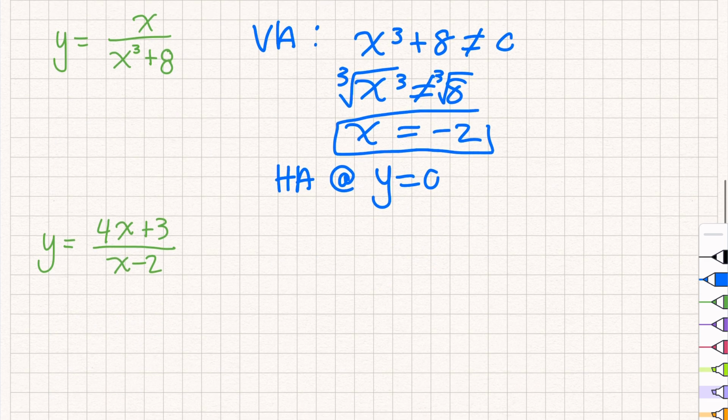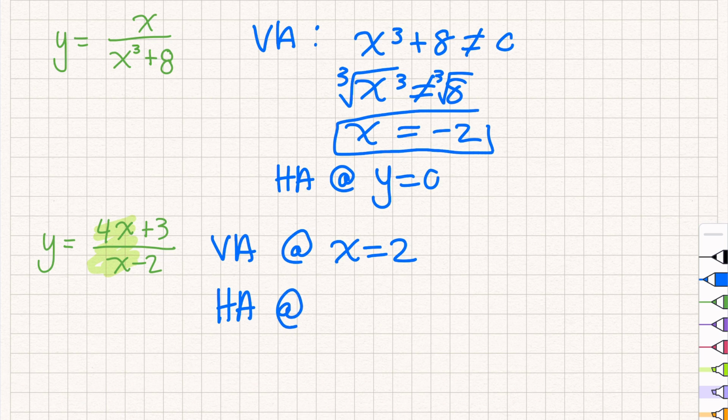Now for this next one, we have y equals (4x plus 3) over (x minus 2). We're going to have a vertical asymptote at x equals 2. And for the horizontal asymptote, since the degrees are the same, we're going to have a horizontal asymptote at 4 over 1, so at 4.